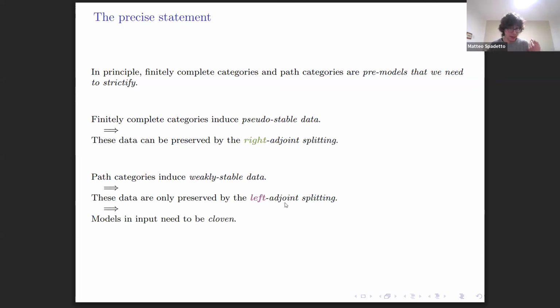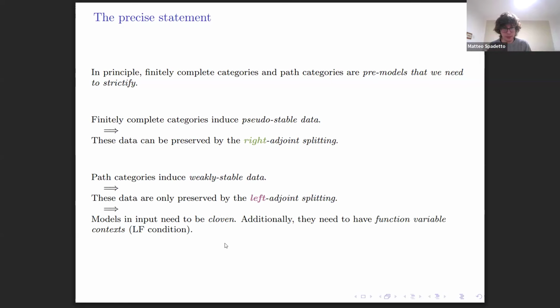But we said before that if we use the left adjoint splitting, we need pre-models in input to be cloven. We need them to have a choice of substitutions. And additionally, because of the results by Lumsdaine and Warren, you need them to satisfy the logical framework condition.